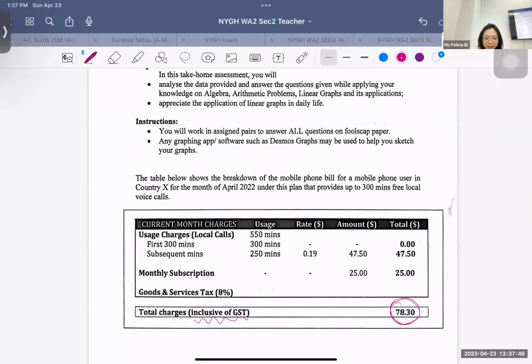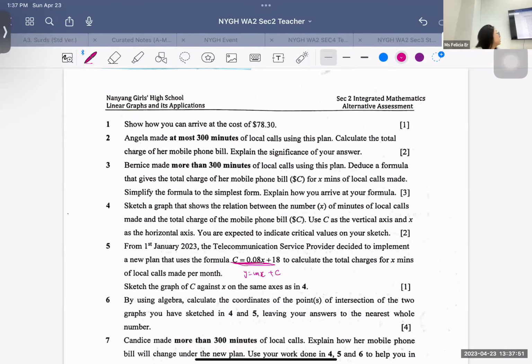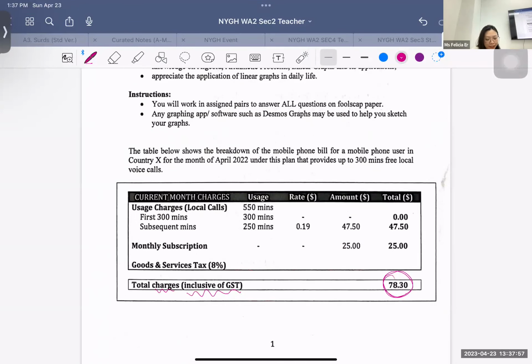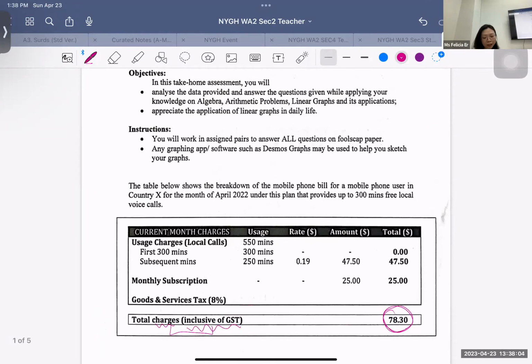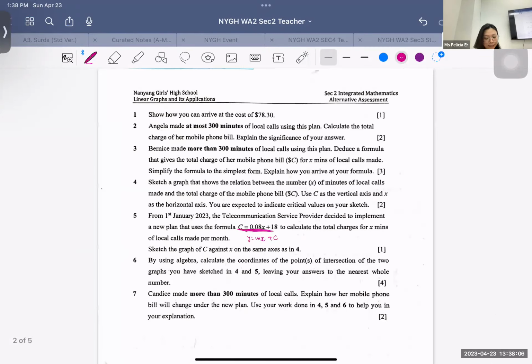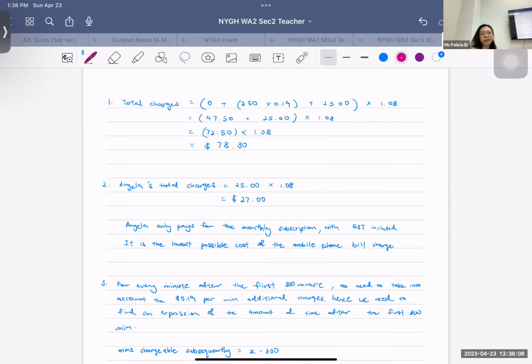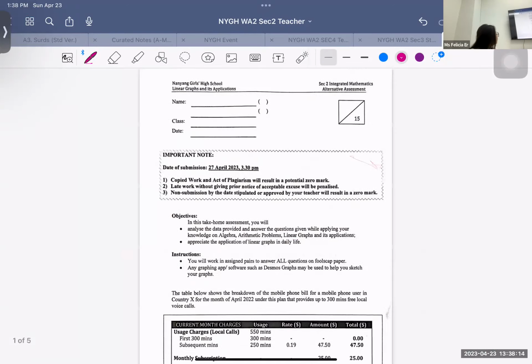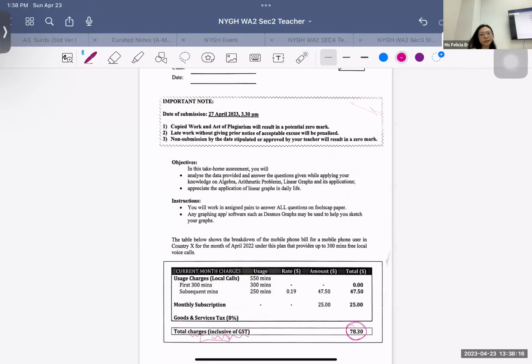So this question again, they're asking to arrive at a total cost of $78.30. And notice that they use the word charges, and charges is always inclusive of GST. So all you need to do is take the first 300 minutes, which has the base cost, and also add the additional subsequent minutes.